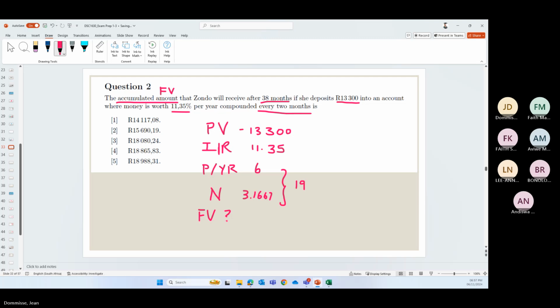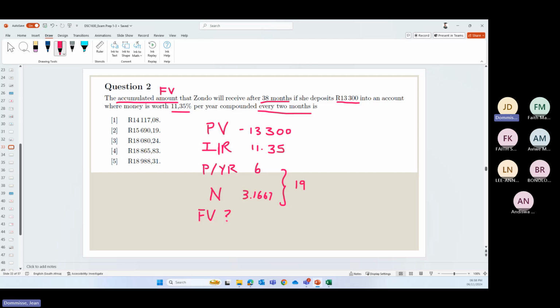So first thing, 13,300 is our present value, then 11.35% is our interest. So for 6 times a year, because it is every 2 months, then it is for 4.8333 years. So it should be 29 periods.